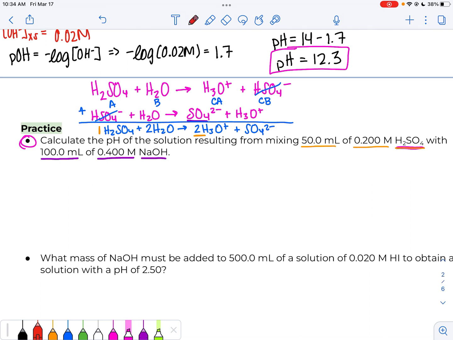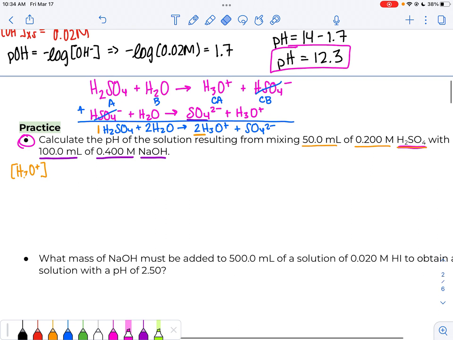Okay, so to calculate our starting hydronium ion concentration, first think about what's its initial concentration before any dilution happens? 0.2 molar. I'm going to write it out as moles per liter, like this. So this is still a strong acid. It's going to completely dissociate. So that means that our hydronium ion concentration is 0.2 molar.